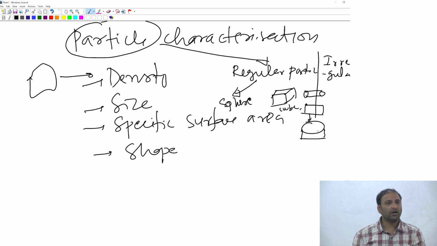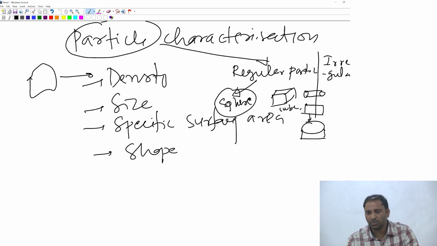So when people work with particles, the particles can be what are called regular particles. By regular particles, we know something about the shape of the particles, right? So in the regular particles, a spherical particle is an example of an isotropic particle.